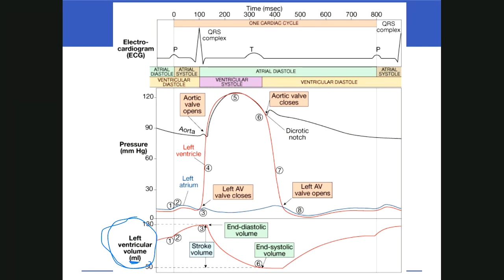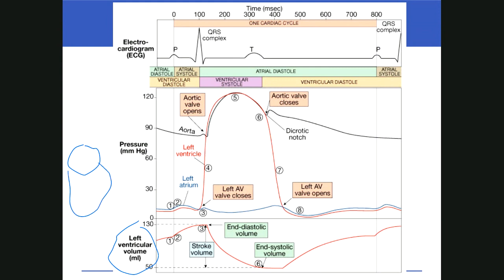It fills up and then it empties out. Remember, it's squeezing. So look, when the atria contract, they force blood into the ventricle. Blood volume goes up. When the ventricles contract, they force blood out of the ventricle, and so it goes down. So this is the volume of blood in the ventricle. In other words, how full is the ventricle?